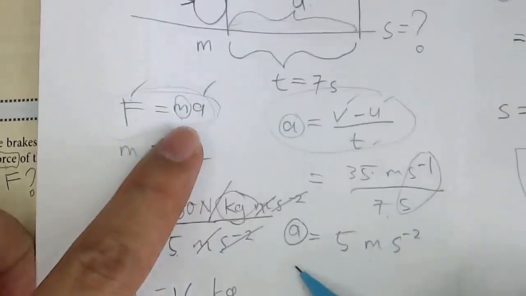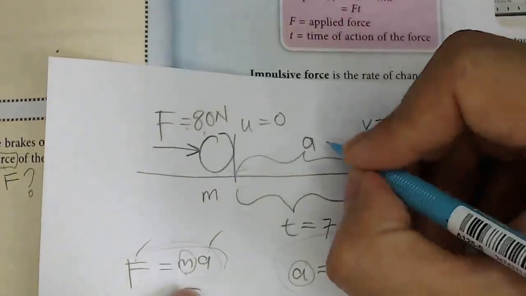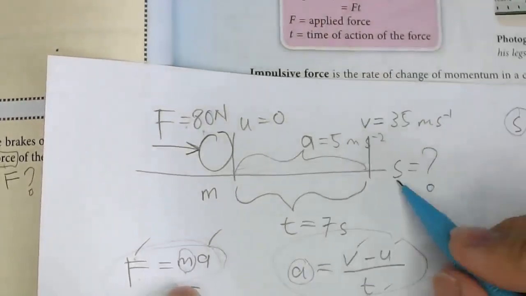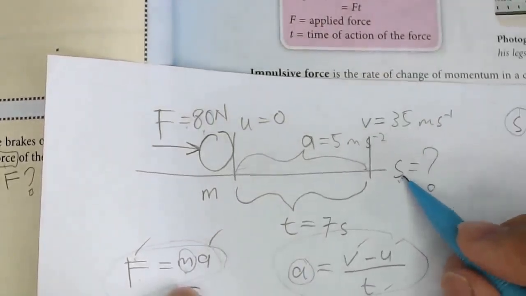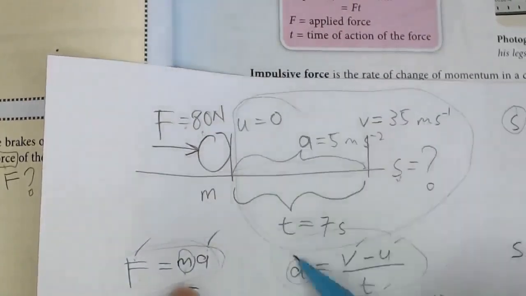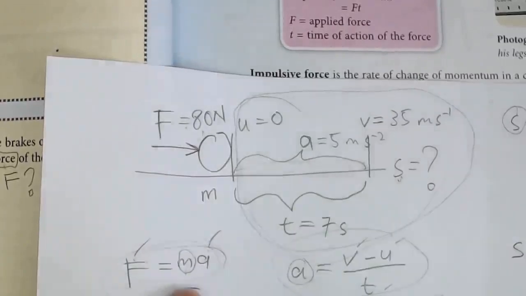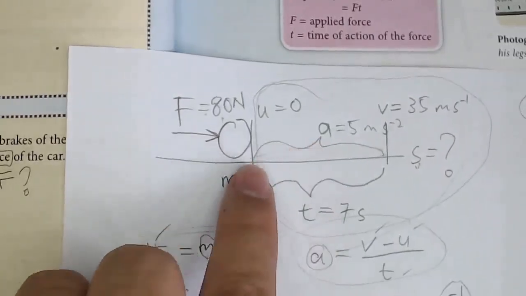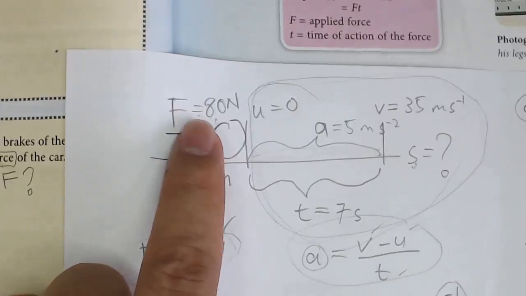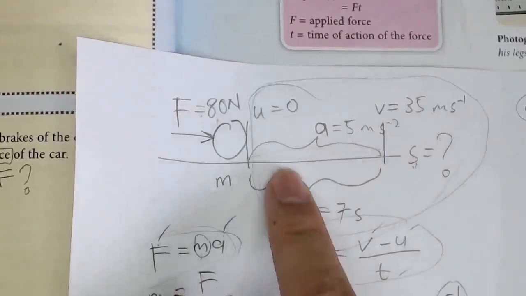Here we know already, 5 meter per second squared, so we put here A. Now, can we find the value of S? Yes, of course. All of these components, A, V, S, T, U, are the consequences coming from this force. So now they can stand alone.